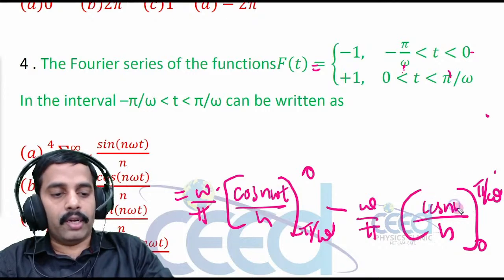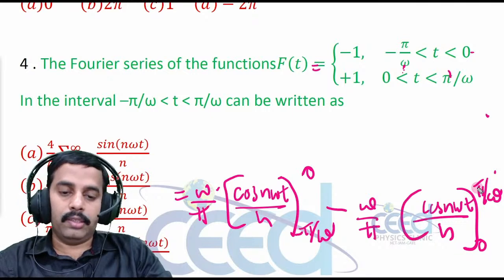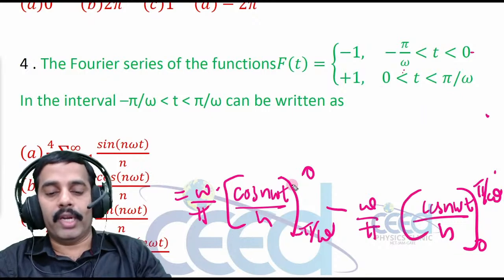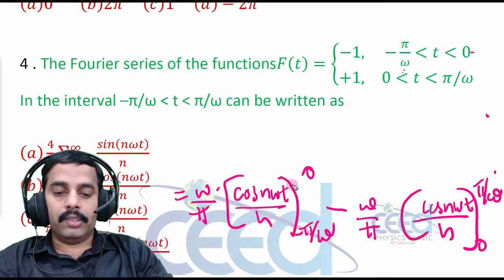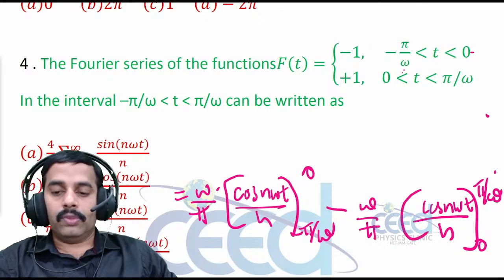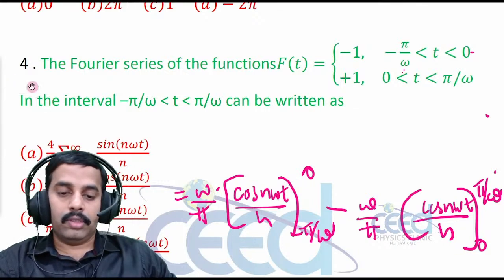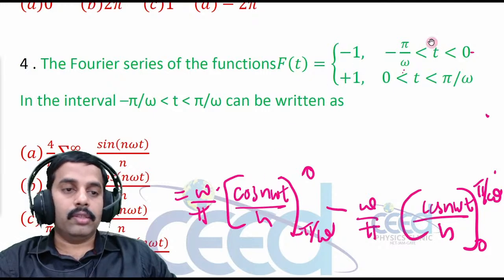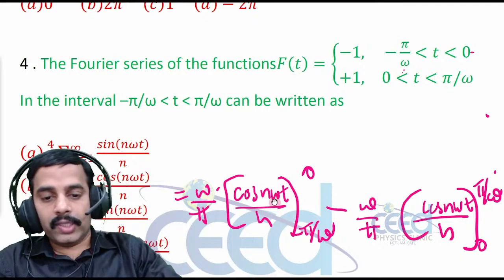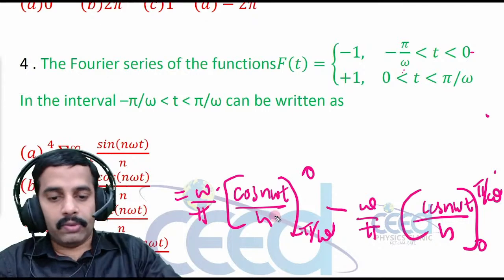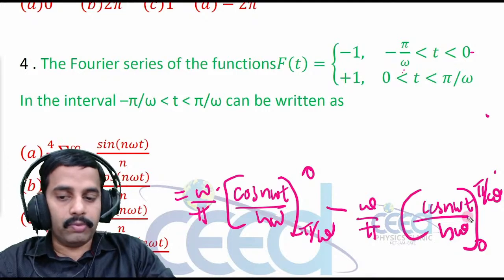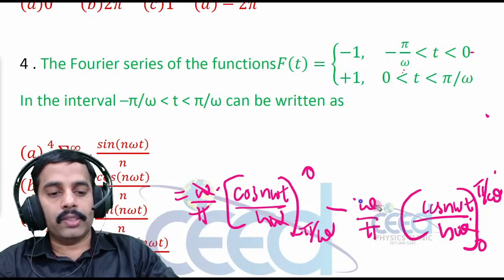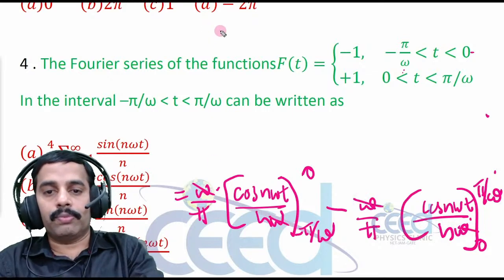So n omega t in terms of omega, and the function is represented as Fourier series representation is n omega t, right? All right. So here also by the integration we have 1 by n omega here. Here we have n omega. So this omega and this omega will cancel. This omega and this omega will cancel. Now let us substitute the limit.